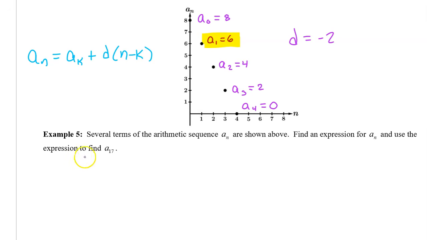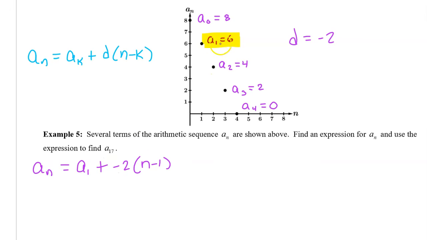So using the model we've been using before for arithmetic sequences, we know that an will equal a known value, so I'll just go ahead and write a1 for now, plus the common difference, which is -2, times n minus k, in this case n minus 1.